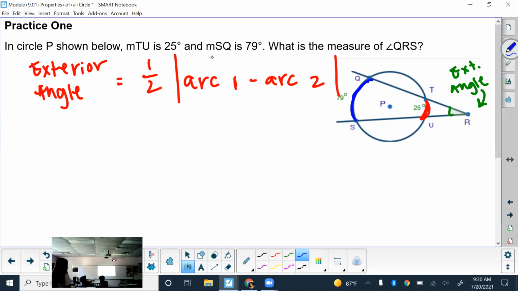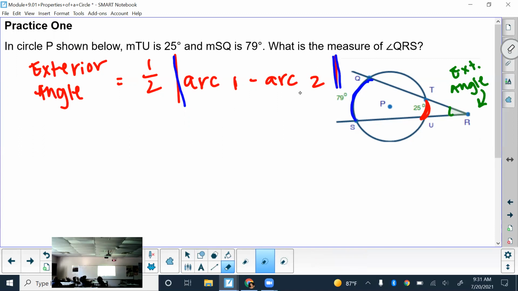Yes, except this is an absolute value symbol. So if I take the difference of these arcs and I get a negative number, that number switches to positive. Normally I always just do the bigger one minus the smaller one to avoid issues with negative numbers, but if you did it the opposite way, like 25 minus 79, it would just become positive. Also, the other formula we looked at had a plus sign. This one has a minus sign.